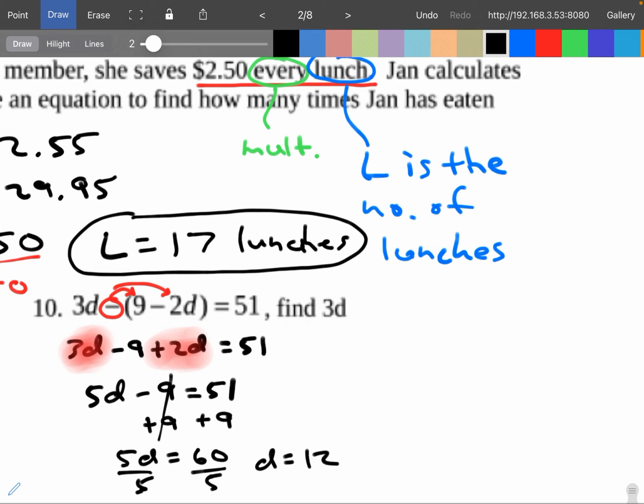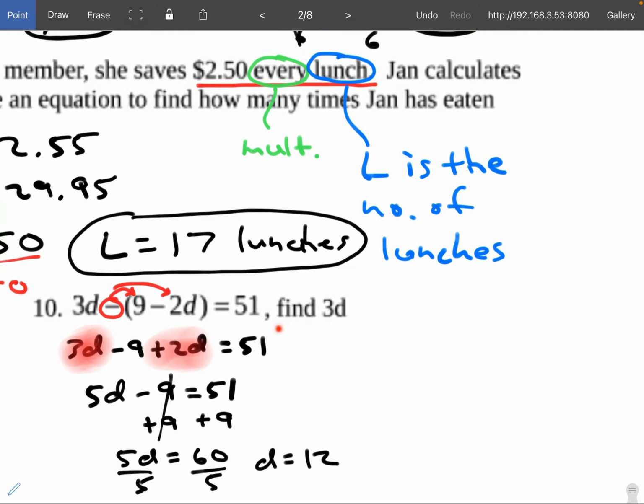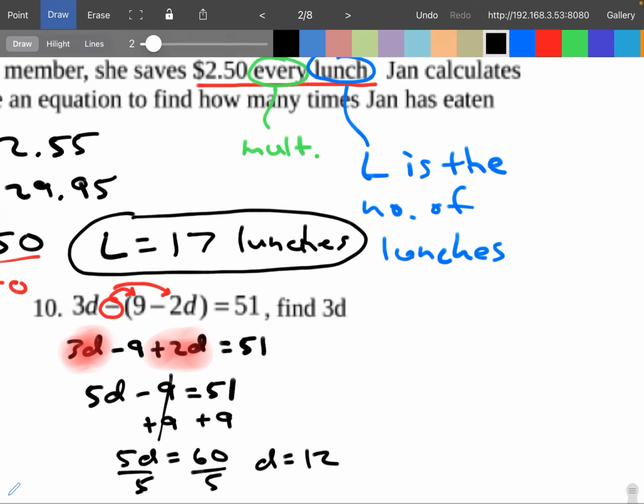We get D equals 12. Again, you're taking the SAT, you get D equals 12, that answer's there, so you bubble it in and you get it wrong, because what do you have to do? Yes, Damien, that's good. We're not trying to find D here. It says we have to find 3D.